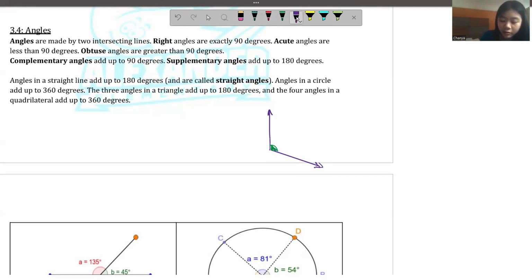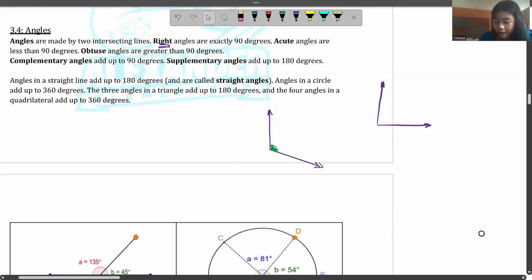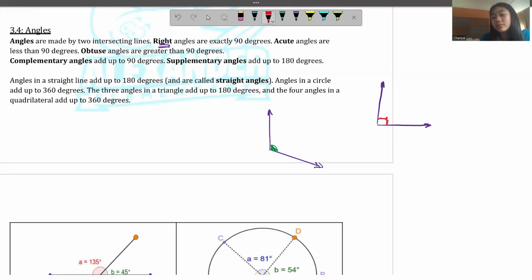So when you look at right angles, they're exactly 90 degrees. So if you have something here, and then you have another ray here, and suppose that there's a little square denoting the space between the two. That basically means the angle is right.